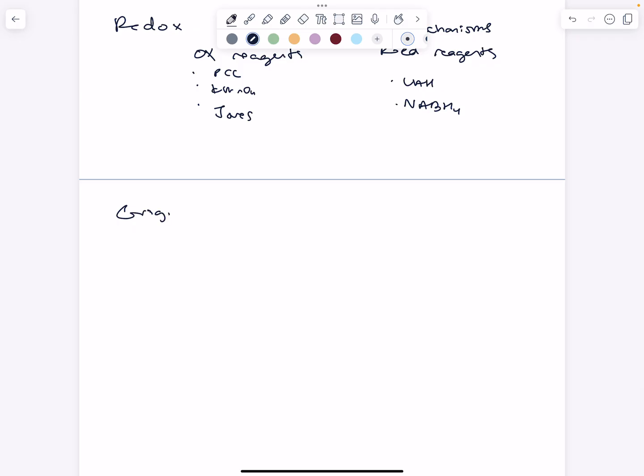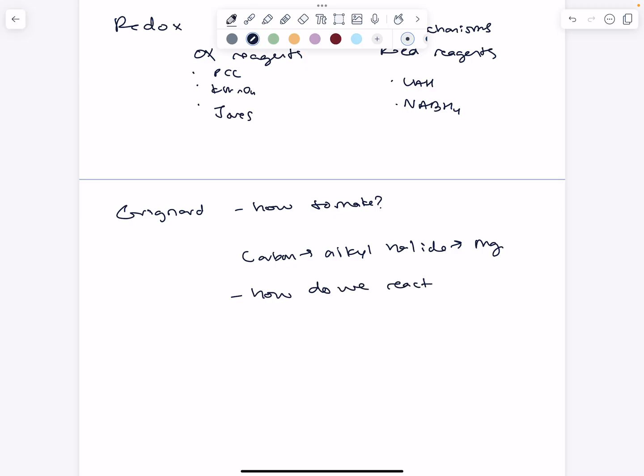Then the last thing we did was Grignard. So how do we make a Grignard? We go from the carbon chain, which needs to be an alkyl halide, and then add magnesium. And then how do we react it?